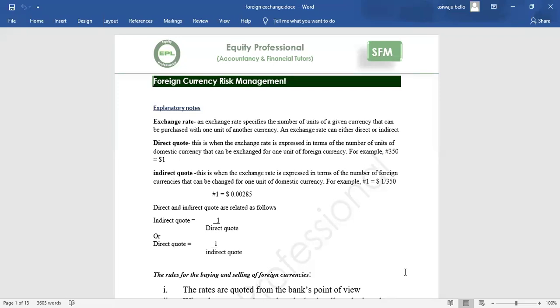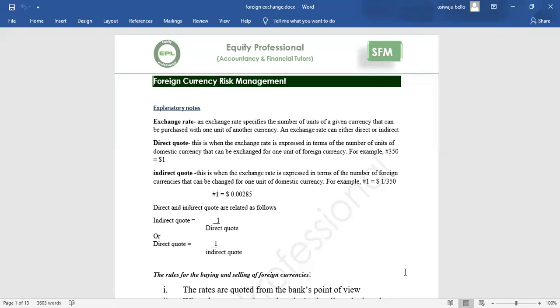What is direct quote? This is the number of units, or the quantity, of domestic currency that is required to buy 1 unit of foreign currency.